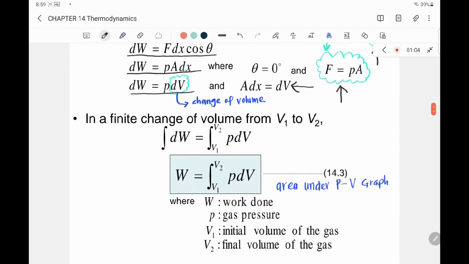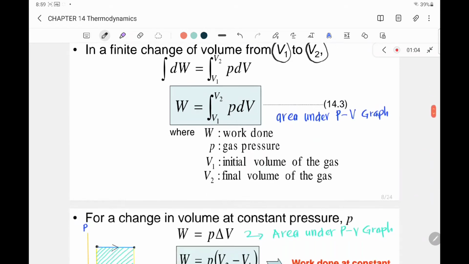In a finite change of volume from initial volume V1 to final volume V2, integrate dW is equal to integrate P dV from V1 to V2.